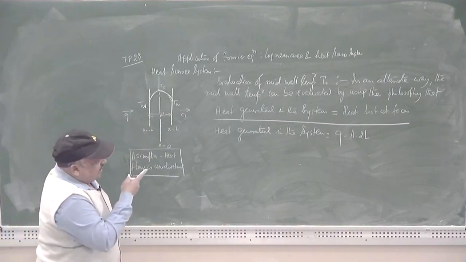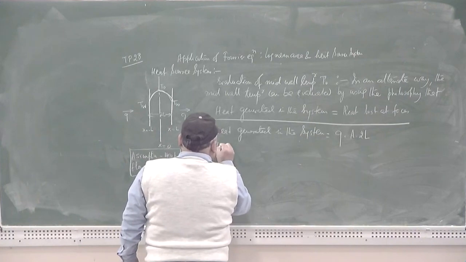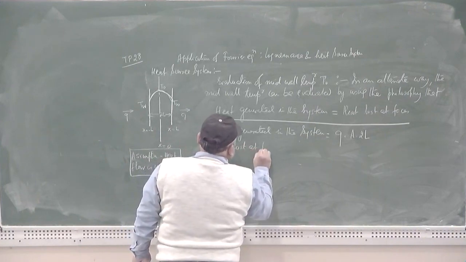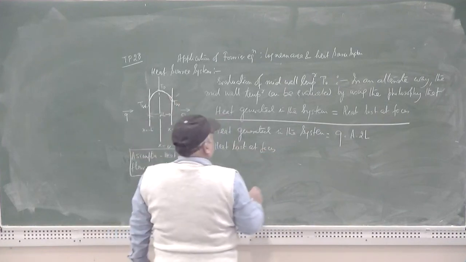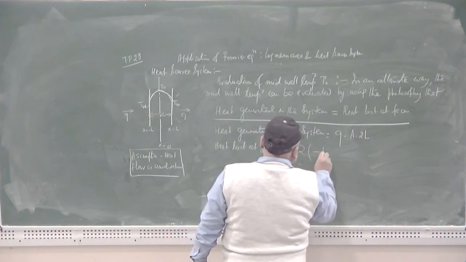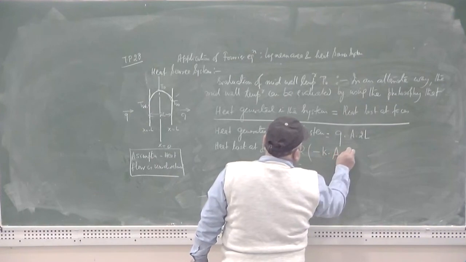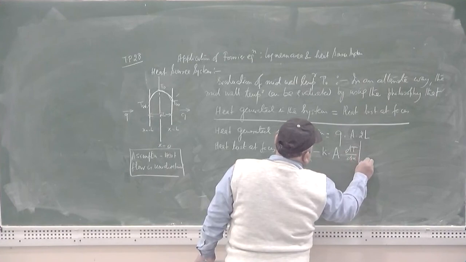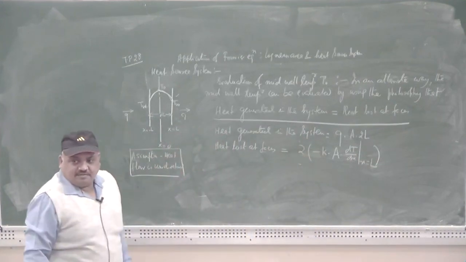So, q into A into 2L. Heat lost at phases, because the two phases are there, this and this, will be equal to 2 into minus K into A into the temperature gradient at x is equal to L, right.